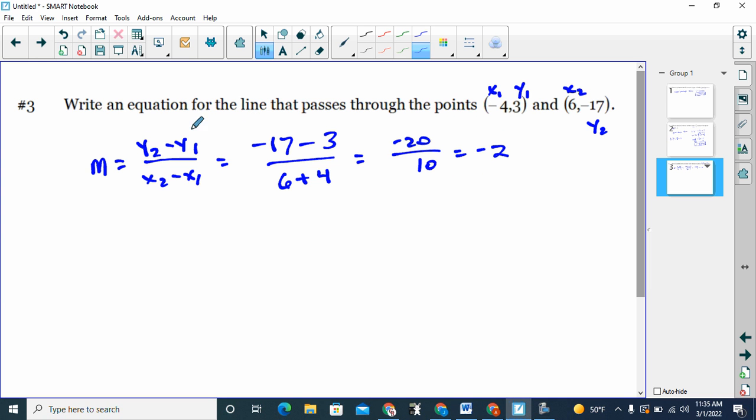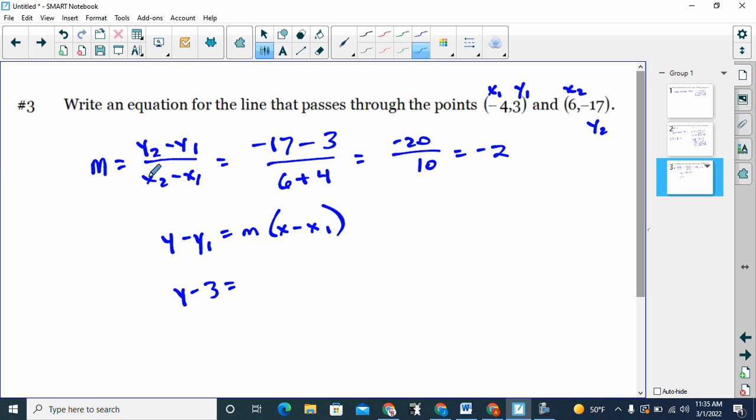Remember, it wants us to write an equation of the line. The slope we need, but that's not the equation of the line. Once I have a slope and a point, now I do it the same way I did number 2. I'm going to start with point slope form. Y minus y1 equals m times x minus x1. Doesn't matter which point you pick. I'm going to do the one with the smaller values, which is my first point here. 3 is going in for y1.